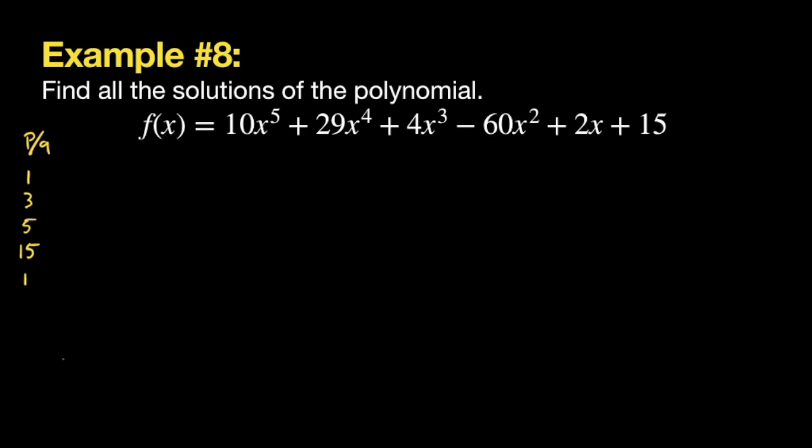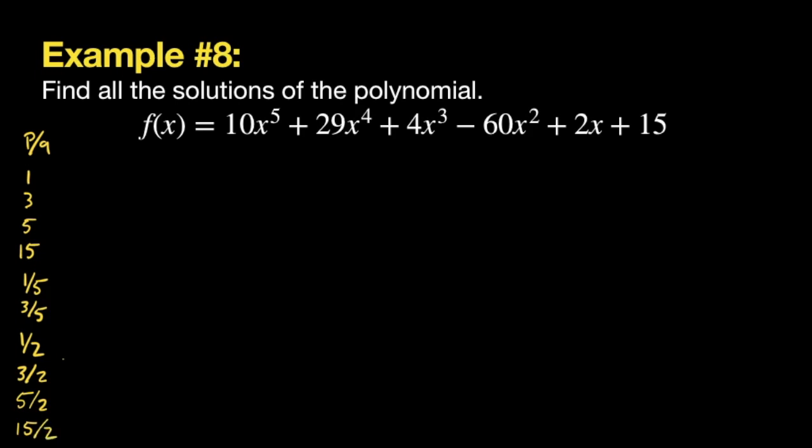So 1 divided by 5, 3 divided by 5. We also have a 15 divided by 5 is just going to be 3, so we don't need that one. And 5 divided by 5 gives us 1, so we don't need that one. We have 1 over 2, 3 over 2, 5 over 2, and 15 over 2.